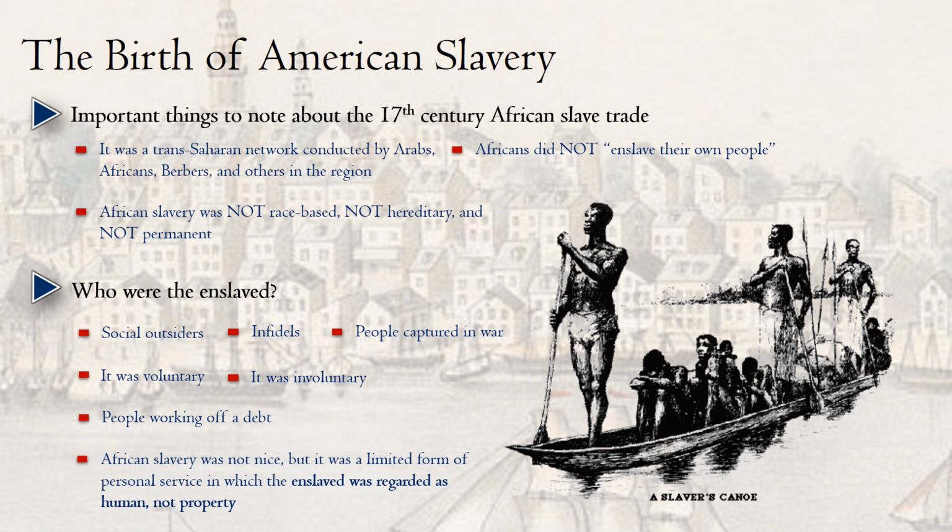Some people have likened African forms of slavery in some instances to European feudalism. Yeah, it's not a good situation. You don't want to be at the bottom of the social hierarchy, but you are not necessarily looked at as a piece of property. Well, this is going to change.